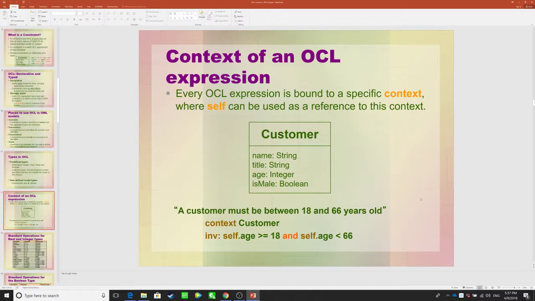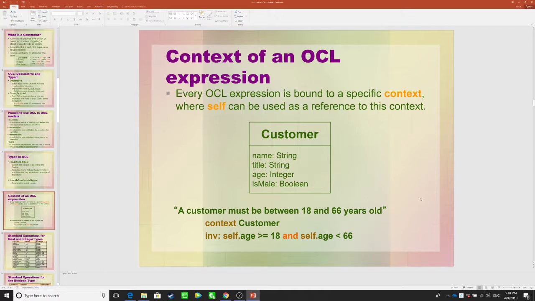Otherwise, we create confusion, because there may be more than one class. So this constraint is put specifically on this customer. So we put context customer. We have to specify the context, okay?